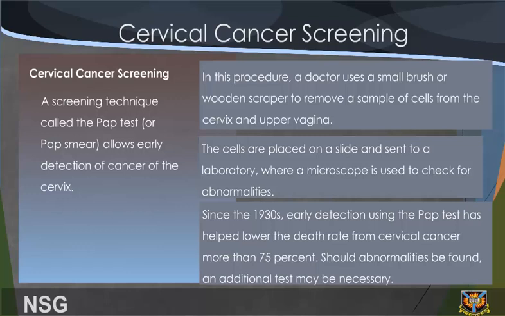The cells are placed on a slide and sent to a laboratory where a microscope is used to check for abnormalities. Since the 1930s, early detection using the pap test has helped lower the death rate from cervical cancer more than 75%. Should abnormalities be found, an additional test may be necessary.